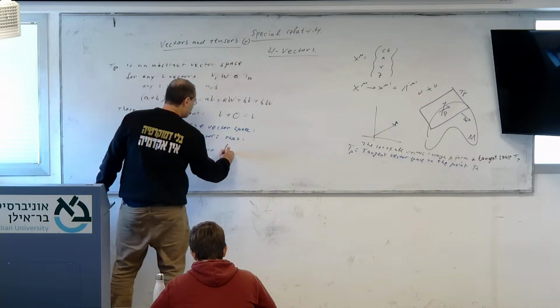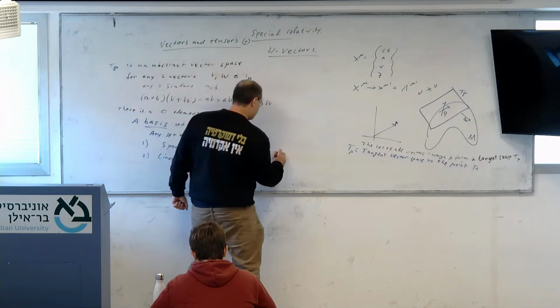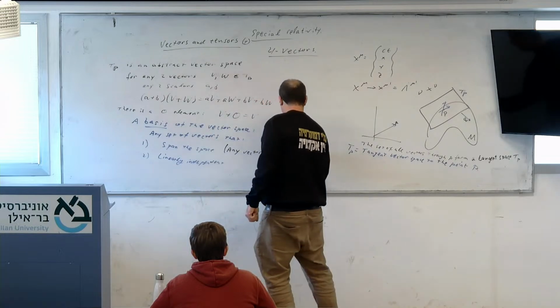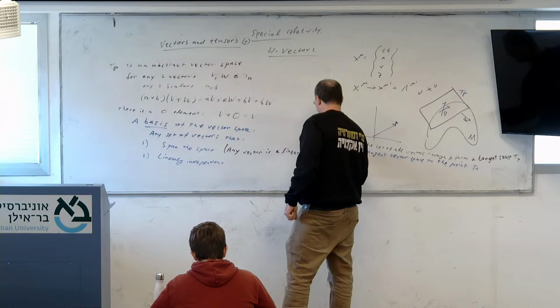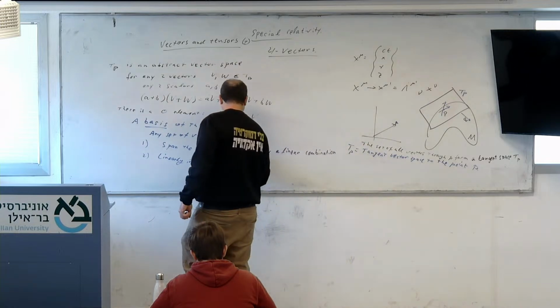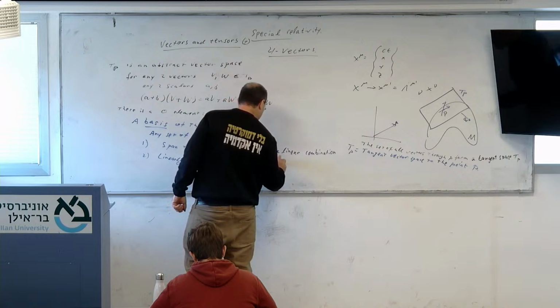Any vector is a linear combination of the basis vectors.